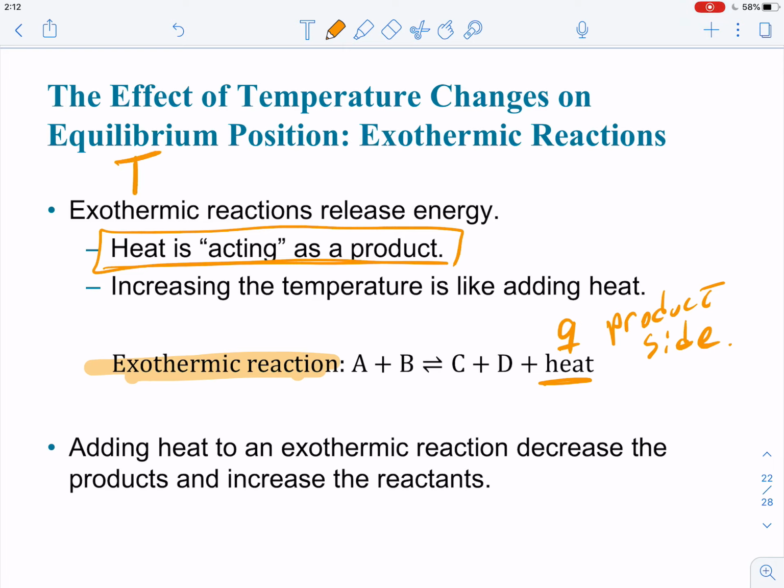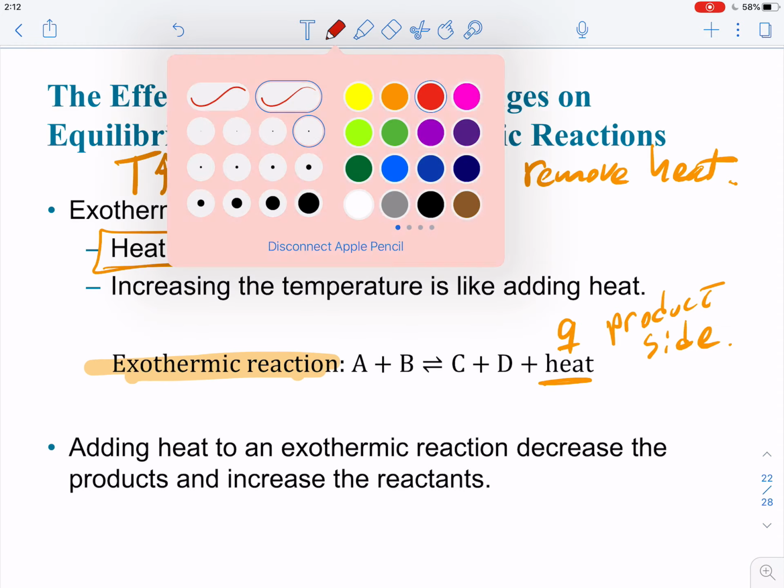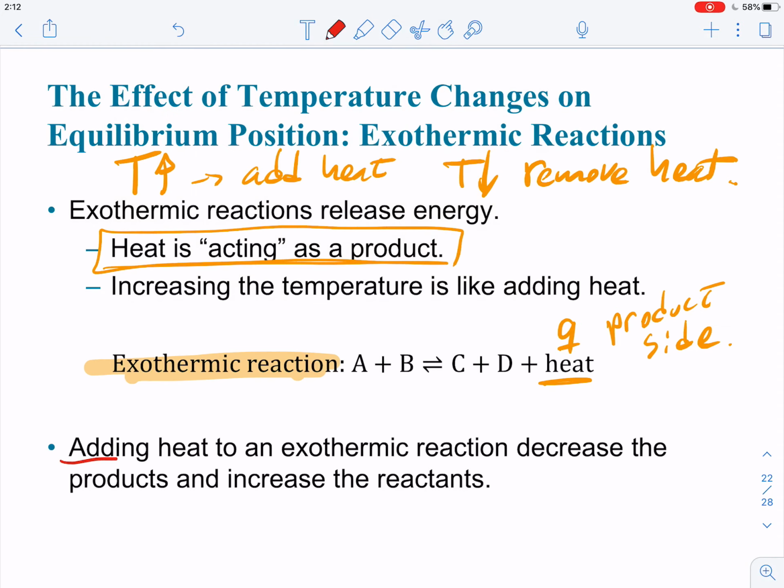You decrease temperature, you remove heat. Therefore, here, if you add heat, it means you are increasing something on the product side. Therefore, the response of your equilibrium is to move away from that side. Therefore, adding heat in an exothermic reaction will shift the equilibrium towards the reactants.